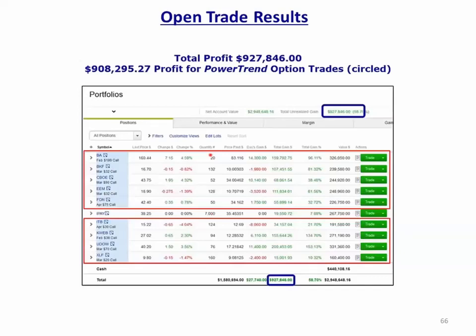So the total profits for the portfolio was $927,000, and the total profits for the option trade portion of this portfolio, which was all the trades except for the ETF purchase, we had $908,000 in open trade profits using the PowerTrend option system.